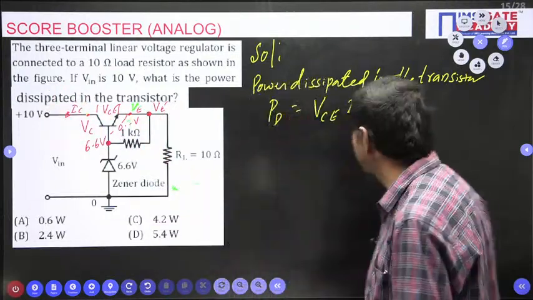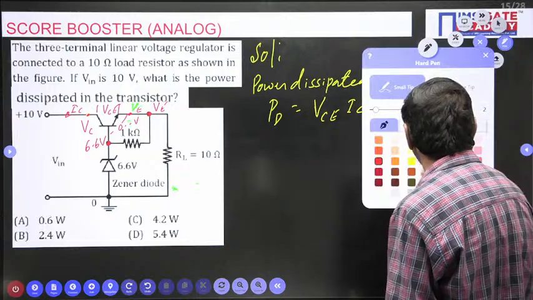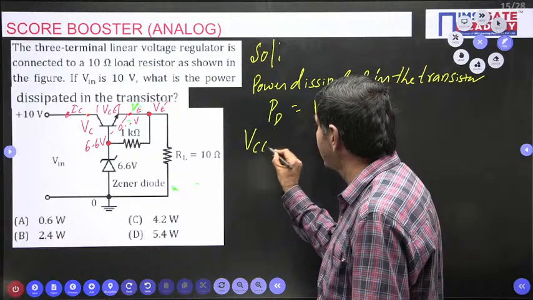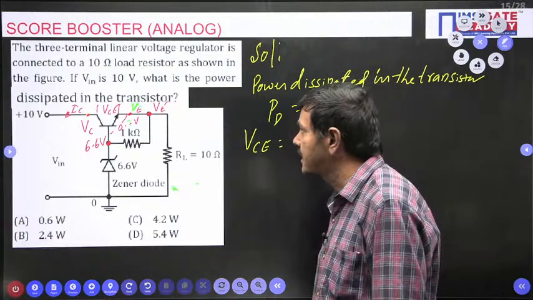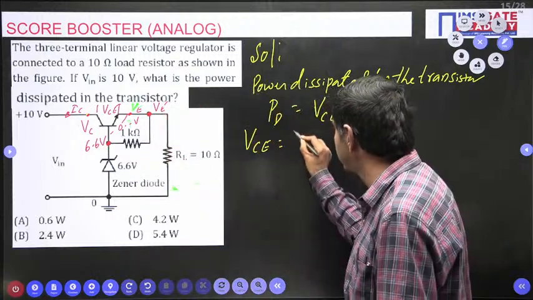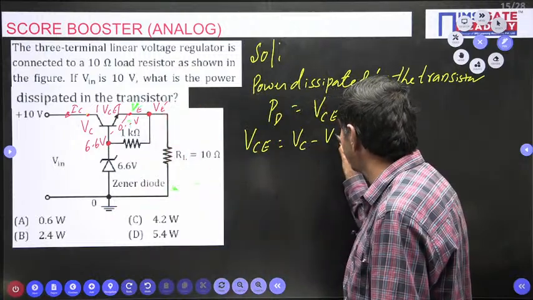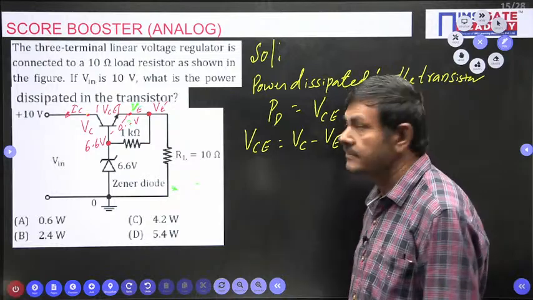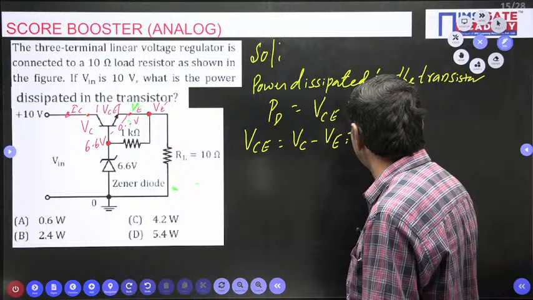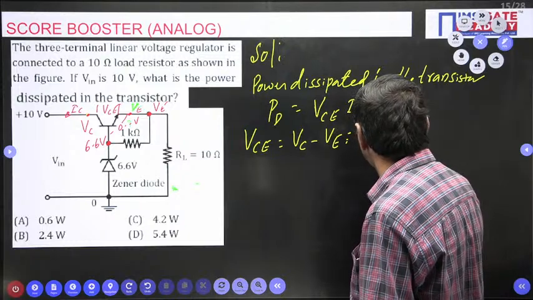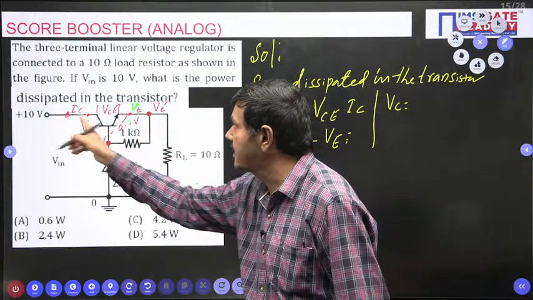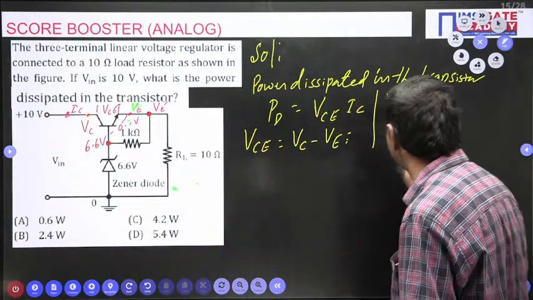I am repeating once again: VCE, the collector to emitter voltage, is VC minus VE. Understand now? VC is 10 volts.